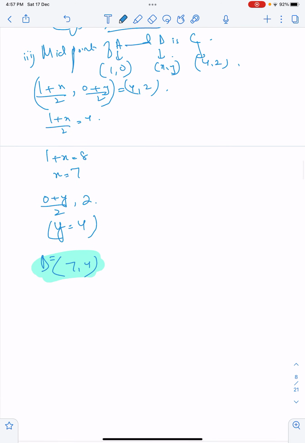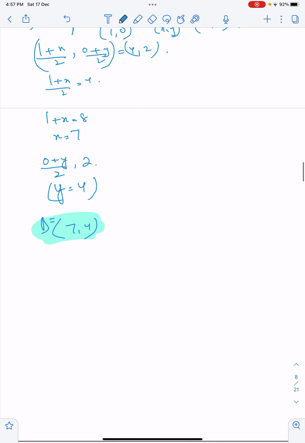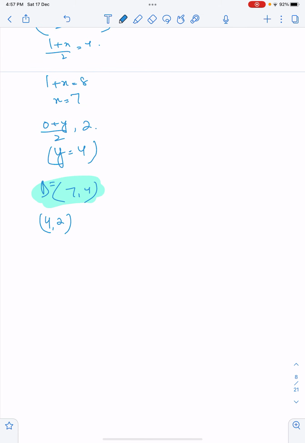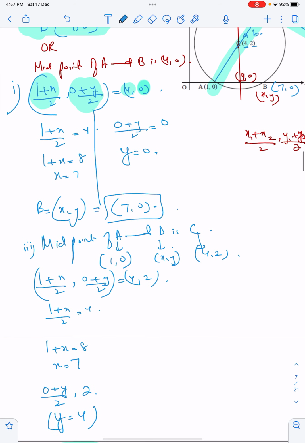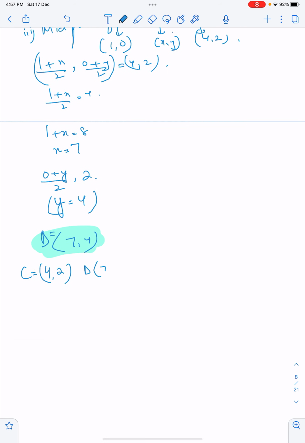I'm using the center, which is (4, 2), which I'm calling C, and the point D is (7, 4). Gradient of CD equals (y2 minus y1) upon (x2 minus x1).